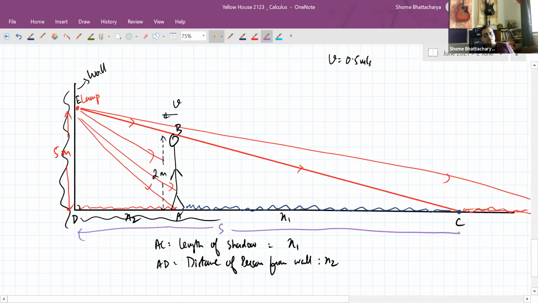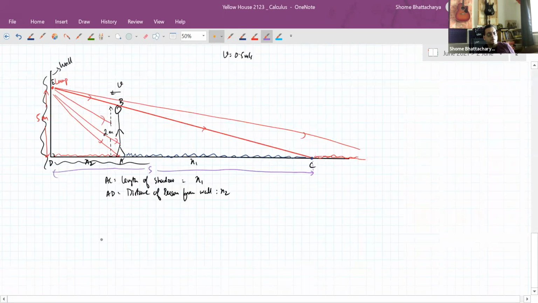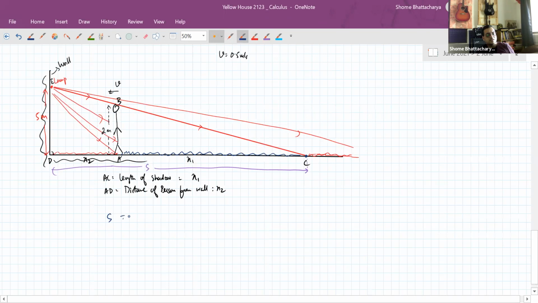So this is x2. Now I can also define this whole distance as, let's say, S, that is the distance of the tip of the shadow from the wall. So S is basically the distance DC. This S in my diagram is x1 plus x2, and that equals the distance of the tip of the shadow from the wall.